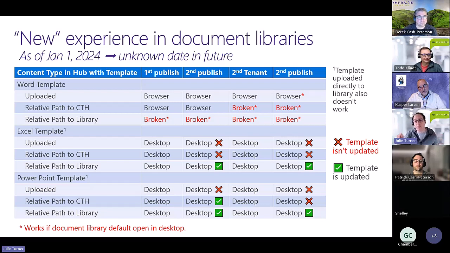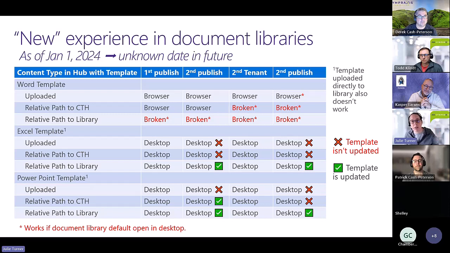Then, what happens when I change the template and republish the content type? It should theoretically update. And in the last 2 columns, I created this same exact scenario in a second tenant from scratch. And this is what I ended up with.